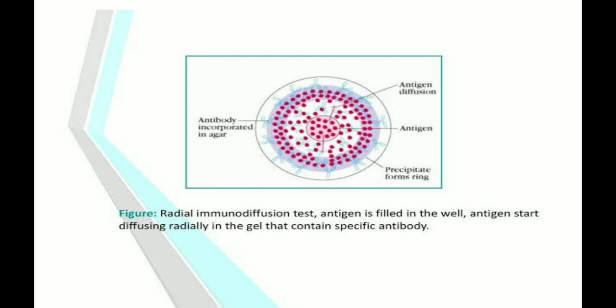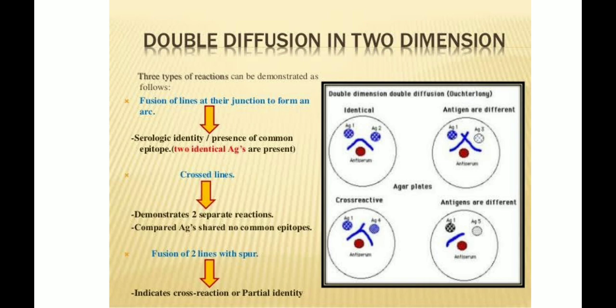Next thing, and the last one, is the double diffusion in two dimensions. See, antibody is put in the central well. Now different antigens are put nearby this central well. Since it's a double diffusion, both antigen and antibodies are moving, and nothing is there in the agarose.